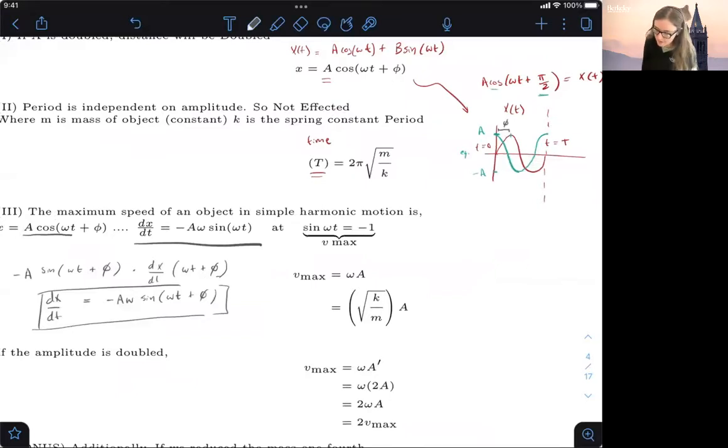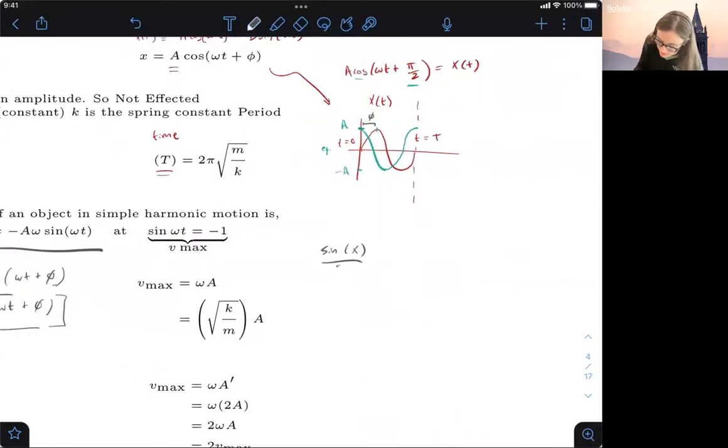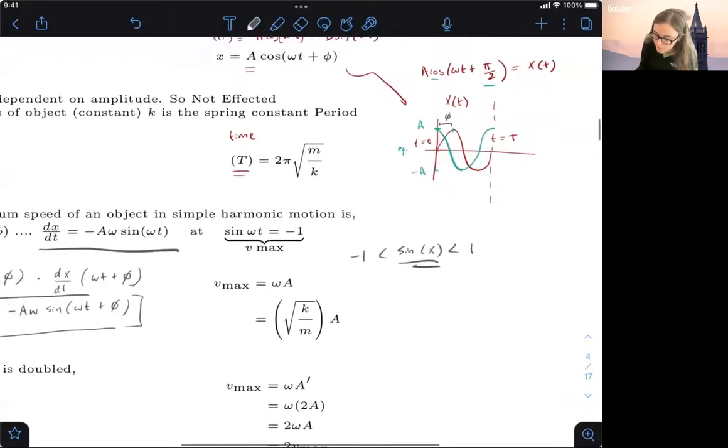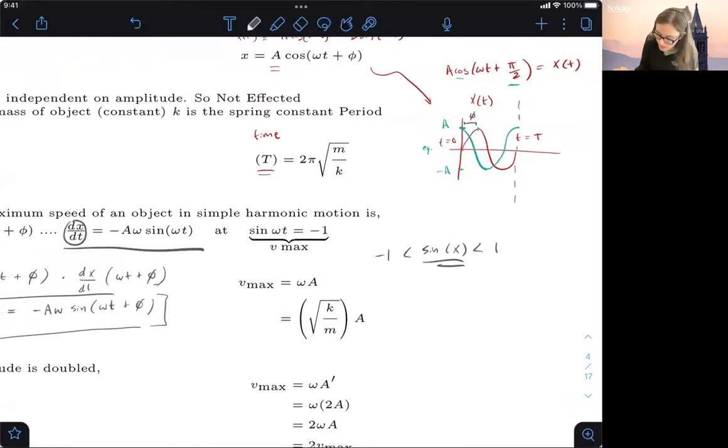We want to find the maximum. So where would that be a max? I know that the range for sine of any angle x is going to be in between 1 and -1, right? So what value of sine of wt would I pick to get the biggest value here?